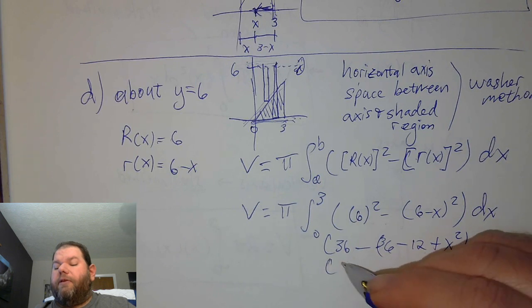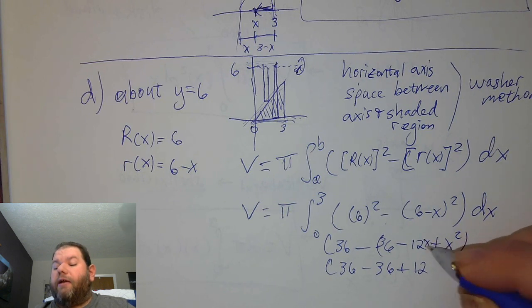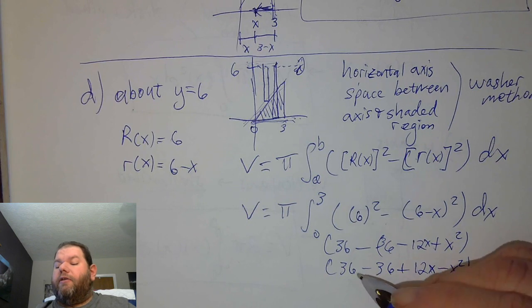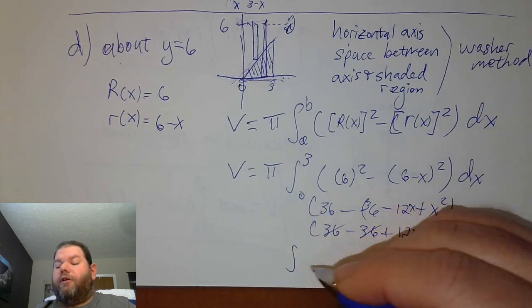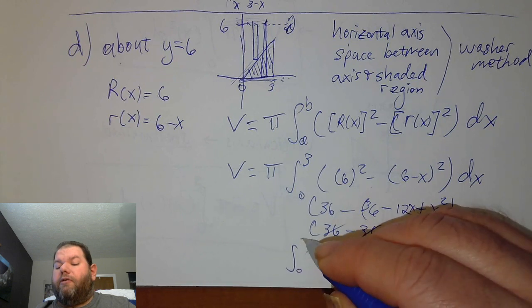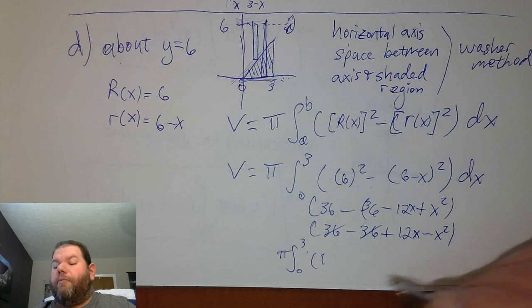And so that will be 36 minus 36 plus 12x minus x squared. And then what happens is the 36's cancel, so we're just going to end up integrating 12x minus x squared.